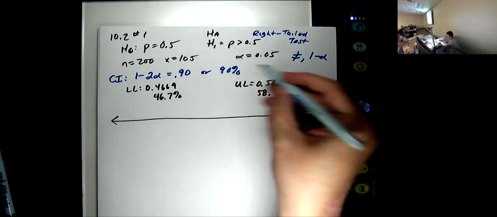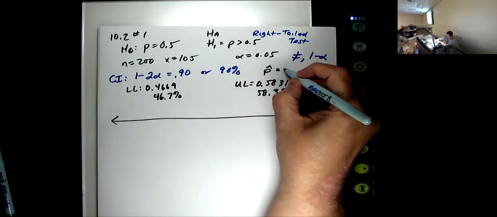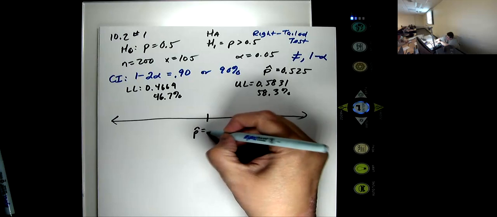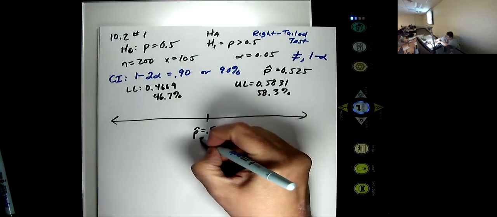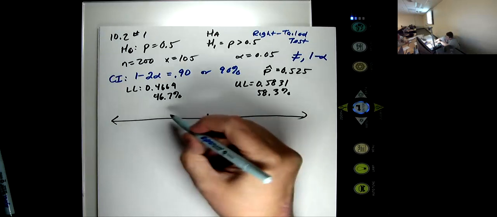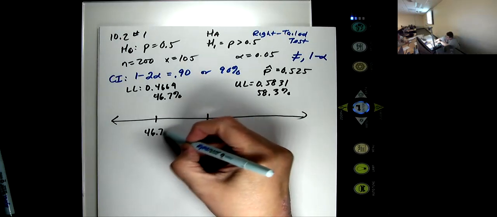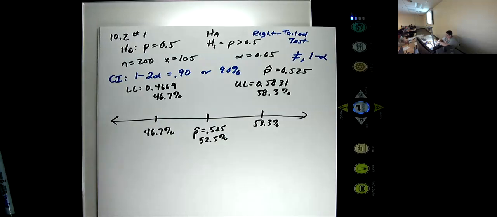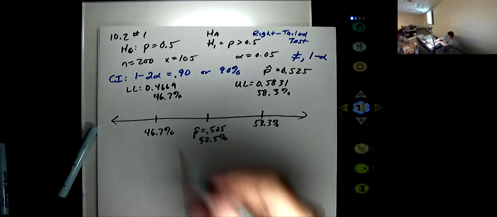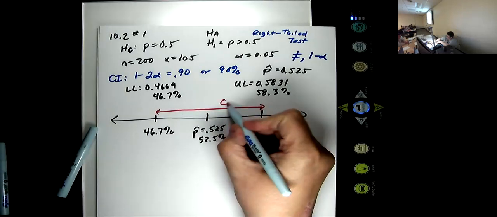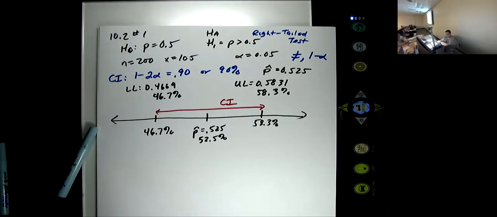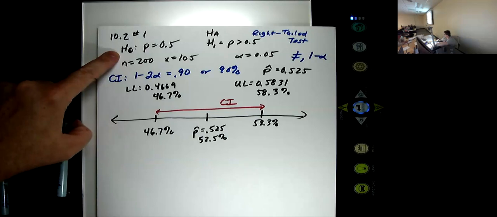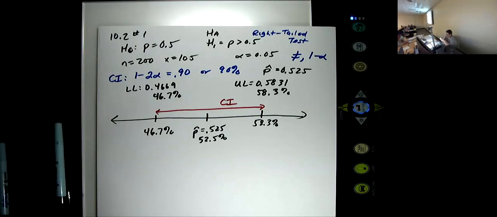And our p hat is 0.525, so that's what's in the middle here. Our p hat is 0.525 or 52.5%. Over here, we've got 46.7%. And over here, we've got 58.3%. This is our confidence interval. Where does the null hypothesis land in this? It's in the middle, right?